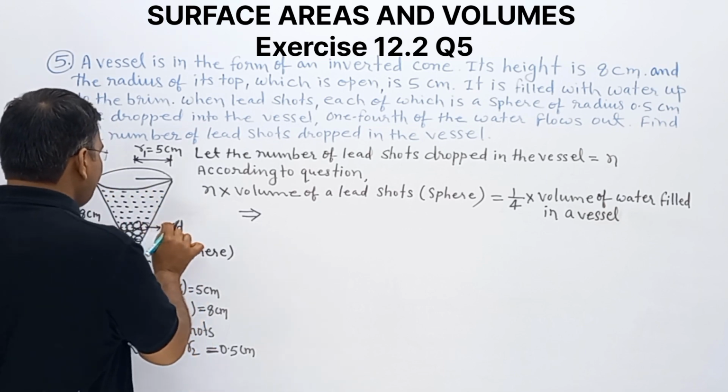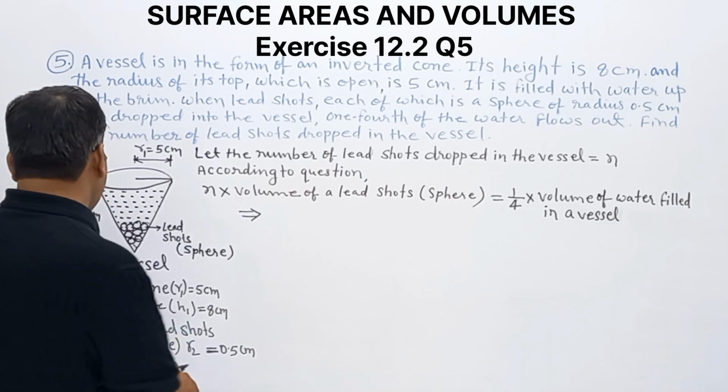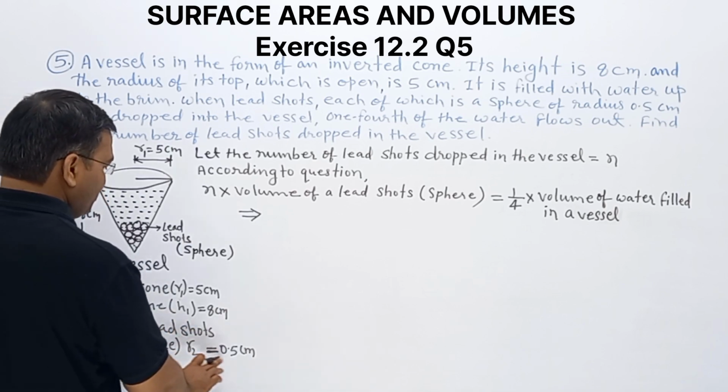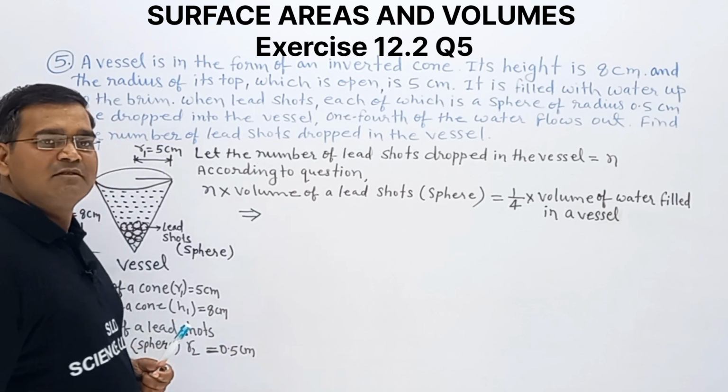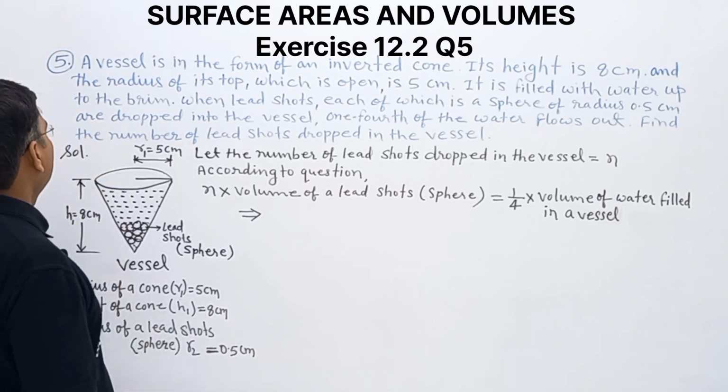Each lead shot has radius 0.5 centimeter. So I am denoting the radius of a lead shot sphere r2 equal to 0.5 centimeter. Clear? These things we have in the question.